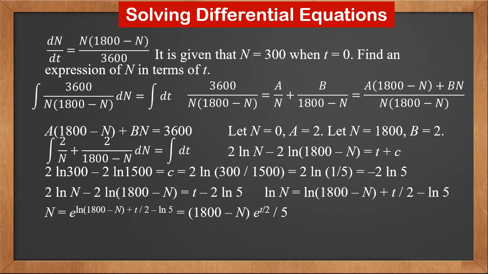It becomes n equals 1800 minus n times e to the half t over 5. Multiply by 5 on both sides and expand the brackets. It becomes 5n equals 1800 e to the half t minus n e to the half t. So n is 1800 e to the half t over 5 plus e to the half t.